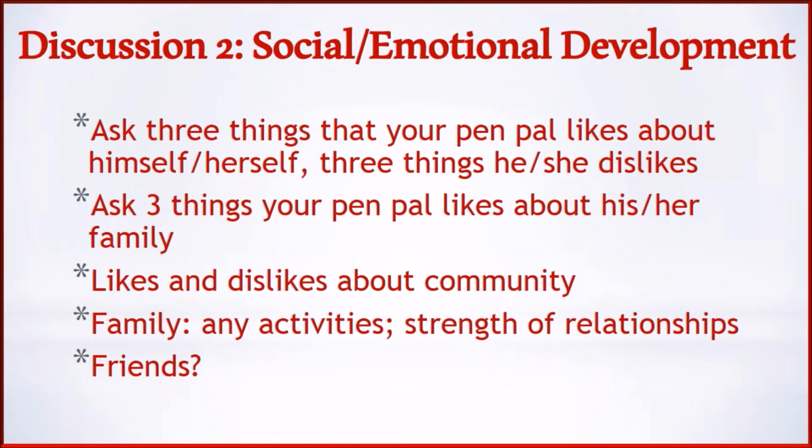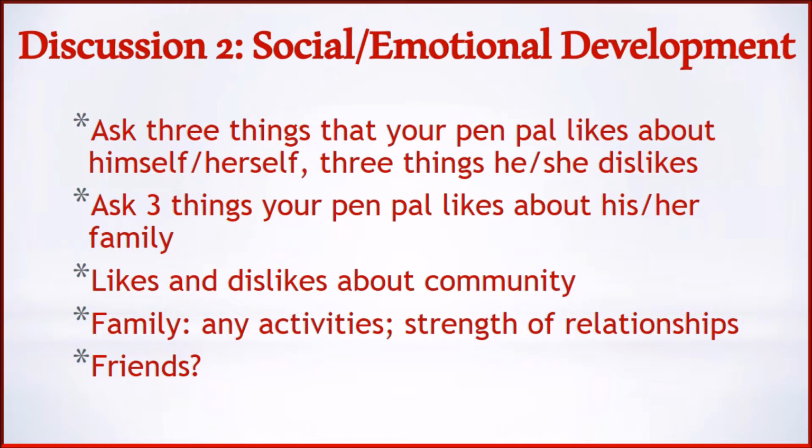Ask 3 things that your pen pal likes about his or her family, and likes and dislikes about the community. What kinds of activities does the adolescent participate in within his or her family, and how strong are those relationships? Is there a sibling that this adolescent really connects with, or a mother figure, a father figure? What kinds of relationships does this adolescent have?